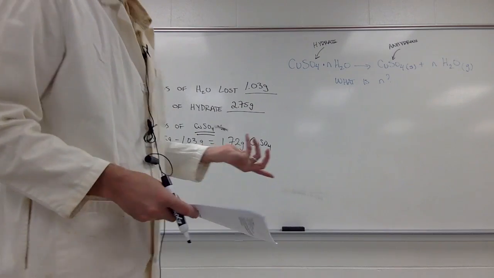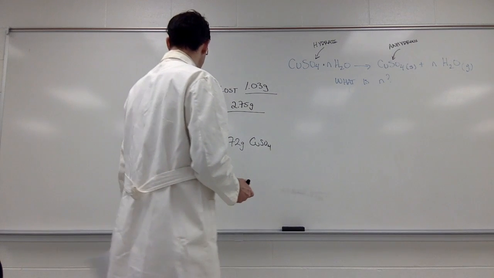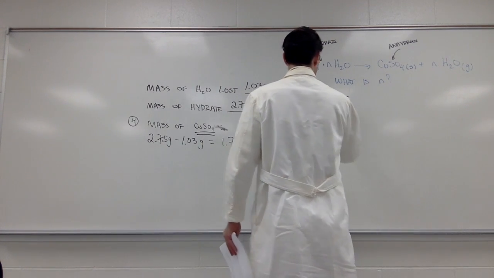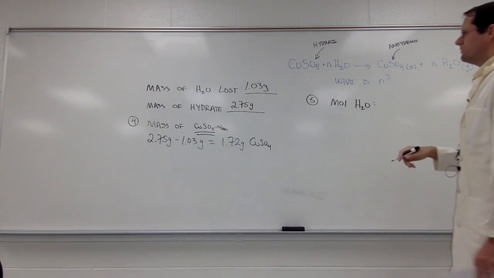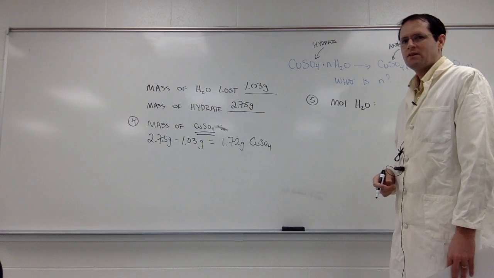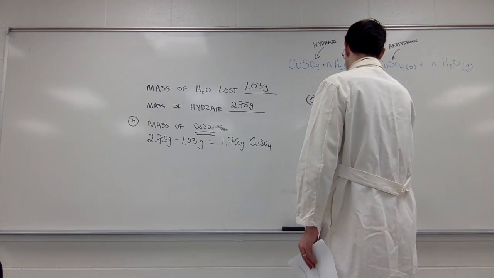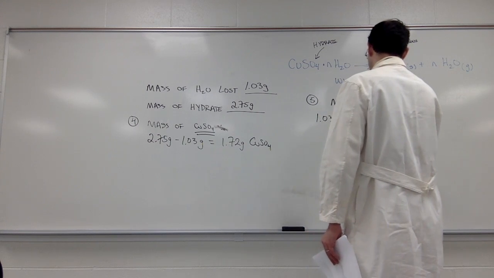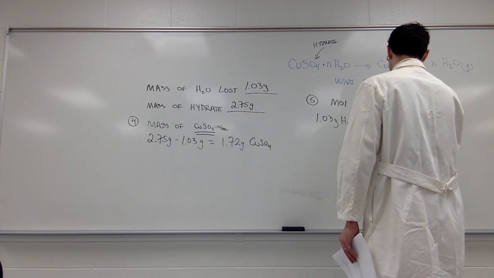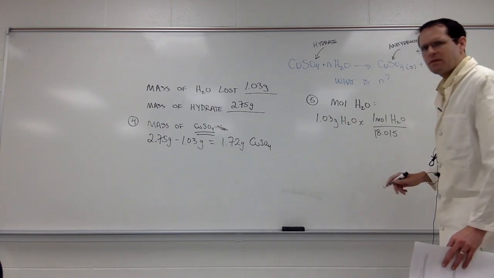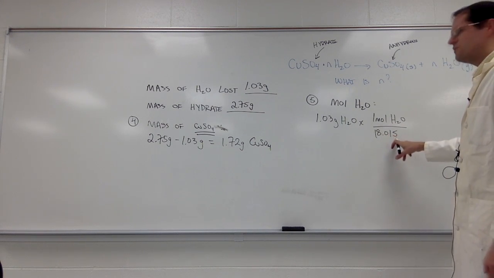Now, what we want to do is calculate moles from here. So the moles of water is just mass over molar mass. So the mass of the water we said was 1.03 grams. I don't remember exactly the 18.025 or 15.